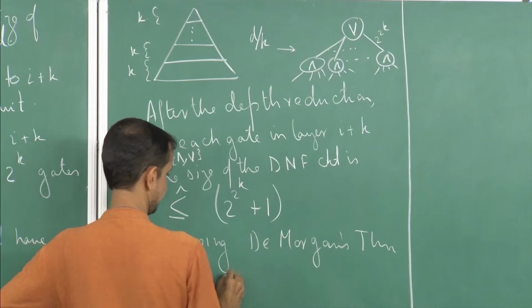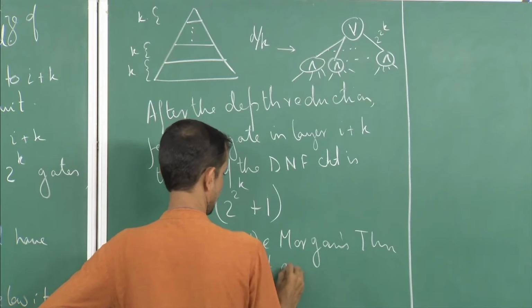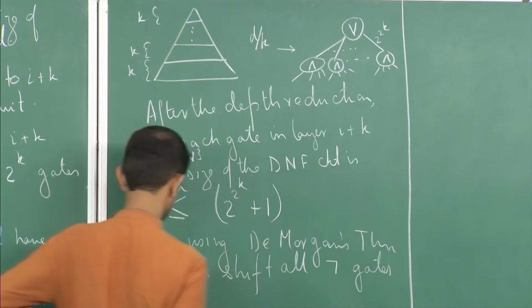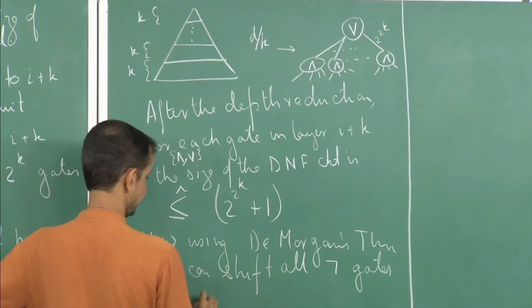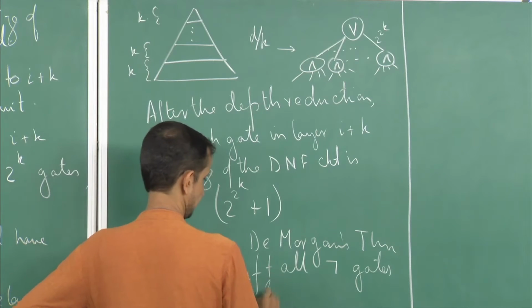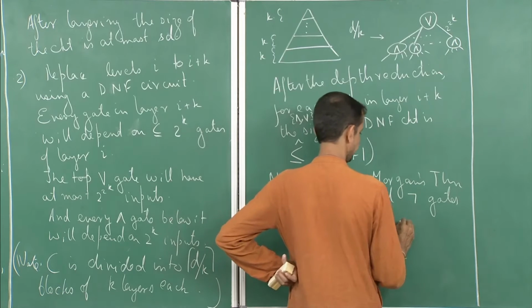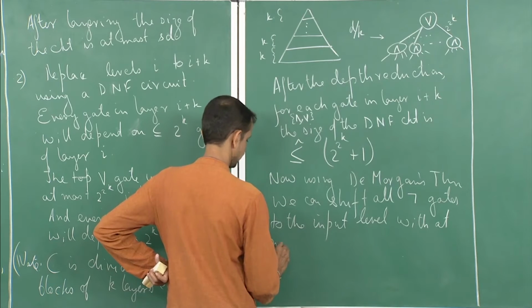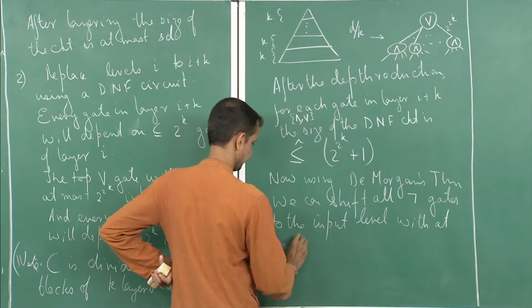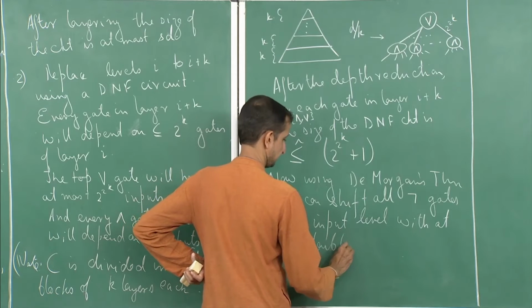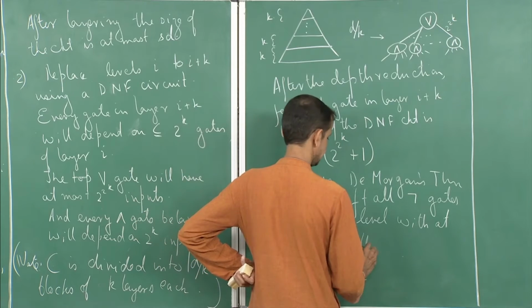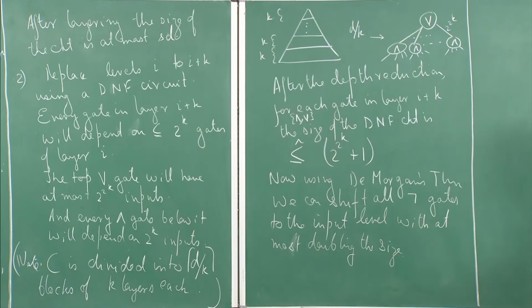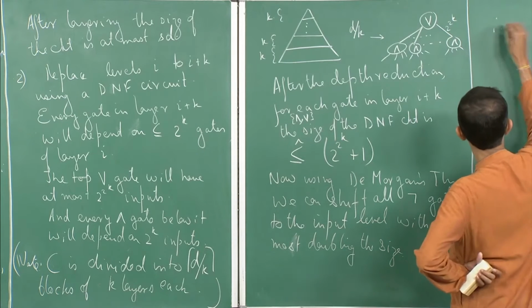We can shift all NOT gates to the input level with at most doubling the size. Okay.